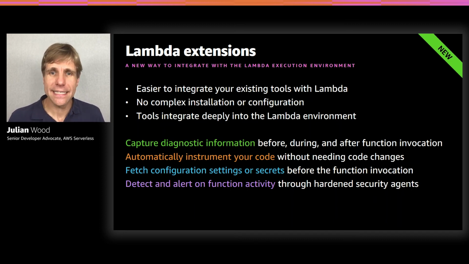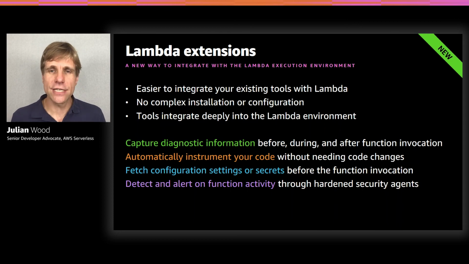For observability, this means you now get more diagnostic data before, during, and after function invocation, and extensions can also auto-instrument your code. There are many other use cases, such as config or secrets management, along with some security capabilities.